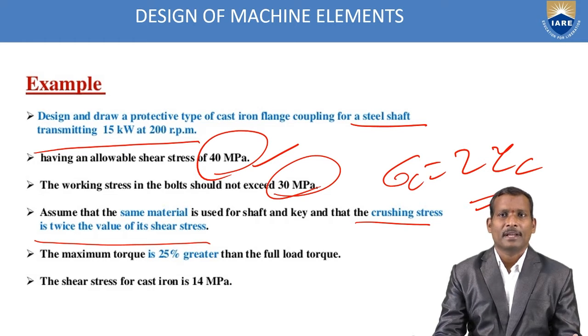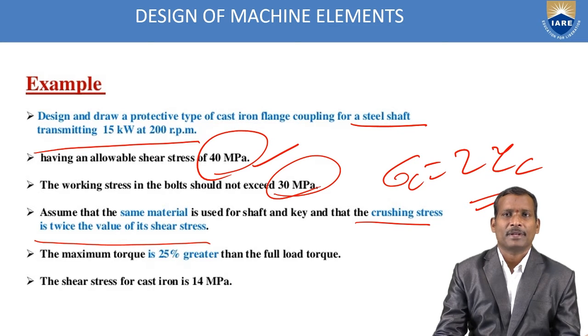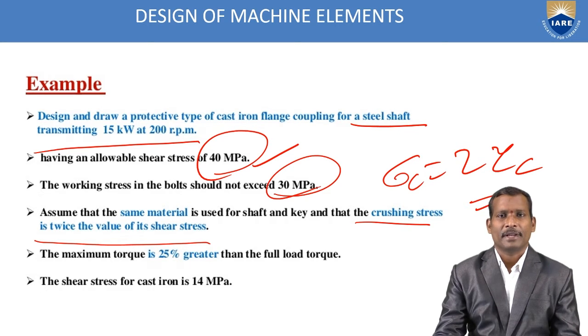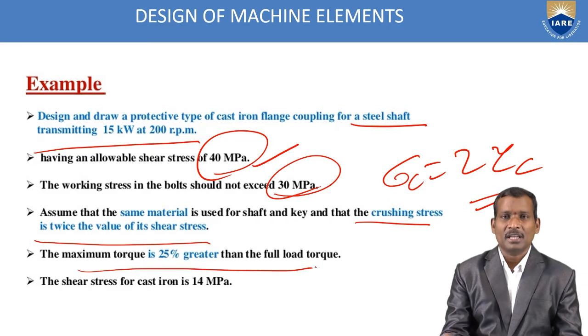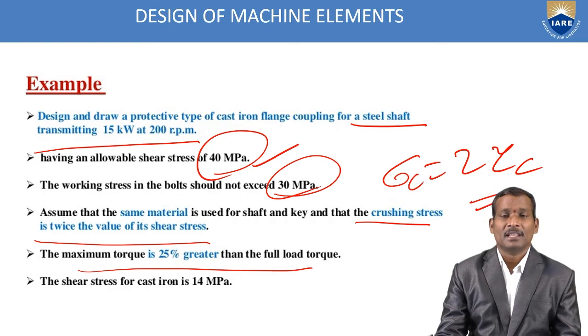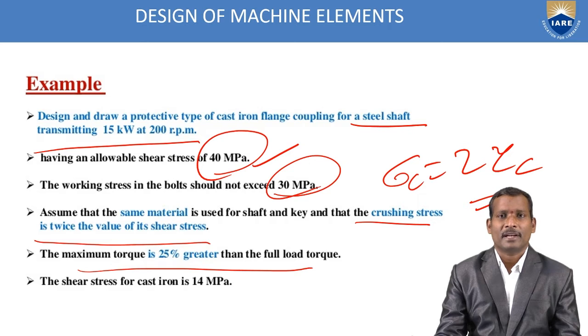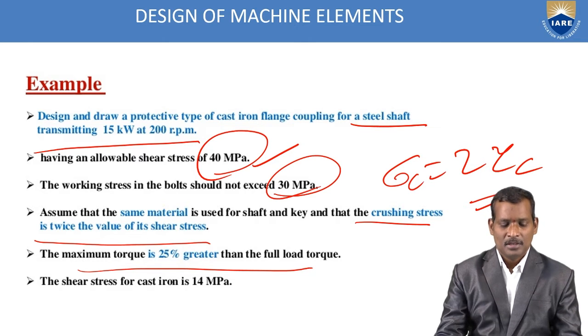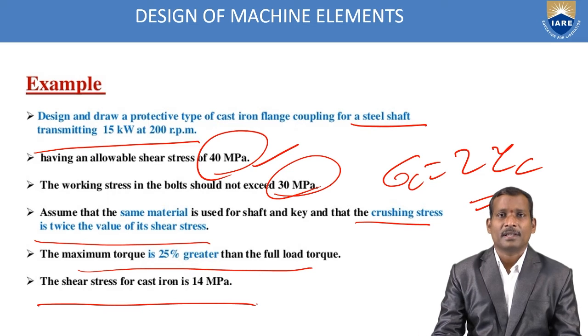Assume the same material is used for the shaft; the shaft material is steel, and the key is the same material. The maximum torque is 25% greater than the full load torque, so 100 plus 25 is 125%, that is 1.25. The shear stress for cast iron is 14 megapascal.